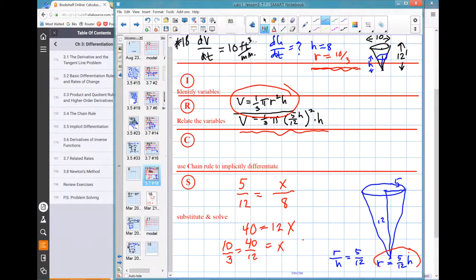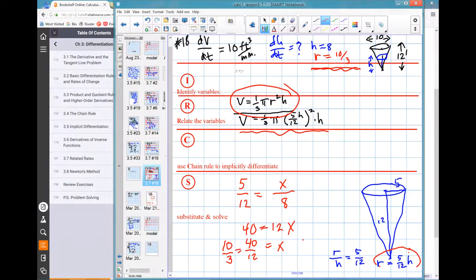Sometimes you'll run into geometry, arithmetic, mostly geometry stuff that you have to rely back on in order to get your formula in the right condition so that you can actually do this implicit differentiation.